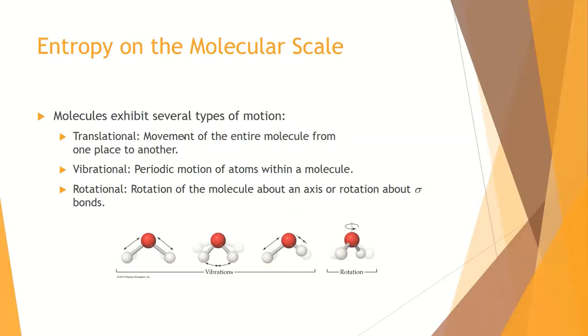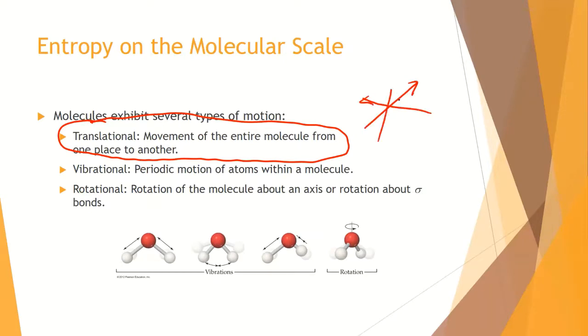We have focused primarily on this first one anytime we've talked about molecular motion: translational motion, the motion of a molecule moving around in its space in straight line motion. But there are also vibrational and rotational states as well. The best way to think about these is if we change the way that we view bonds.